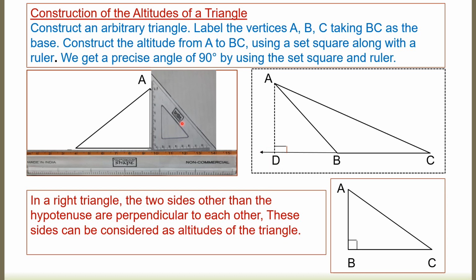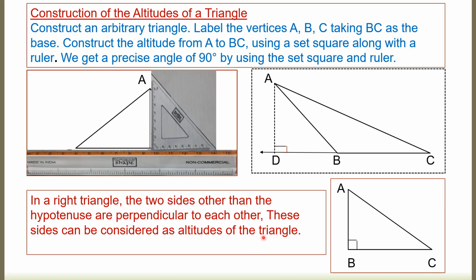Now take the set square and move it in such a way that from here you take it this way and it should touch the point A. The set square should touch the point A when moving alongside the ruler. So whenever it touches A, draw a perpendicular or the altitude.